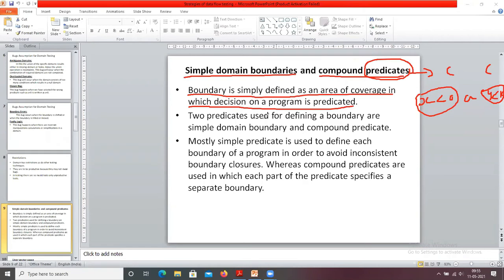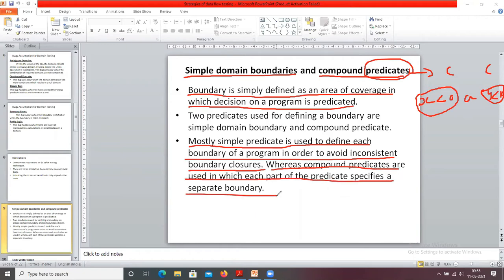The two predicates used for defining a boundary are the simple domain boundary and the compound predicate. Here we are using two predicates. Mostly a simple predicate is used to define each boundary of a program, in order to avoid inconsistent boundary clauses. Whereas compound predicates are used where each part of the predicate specifies a separate boundary.